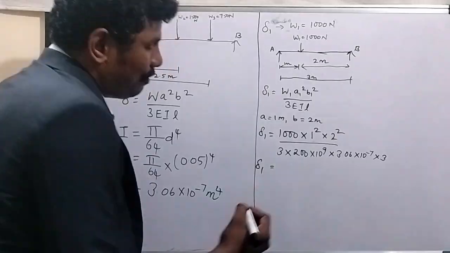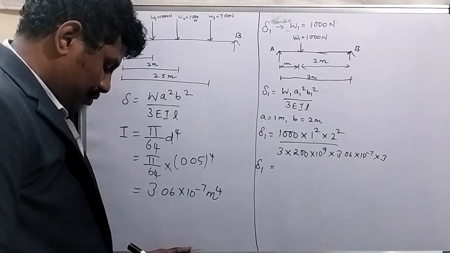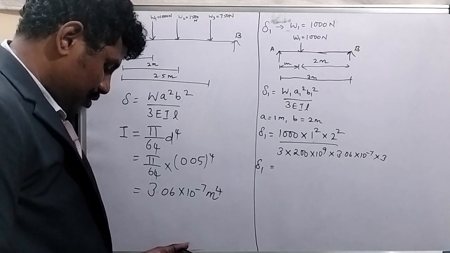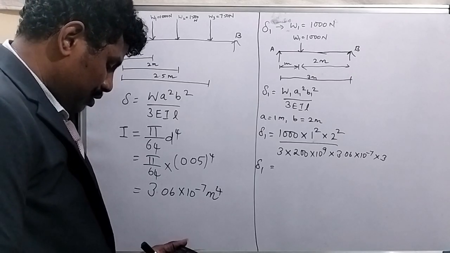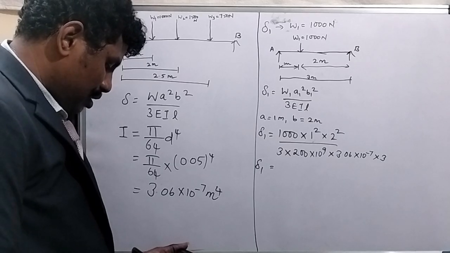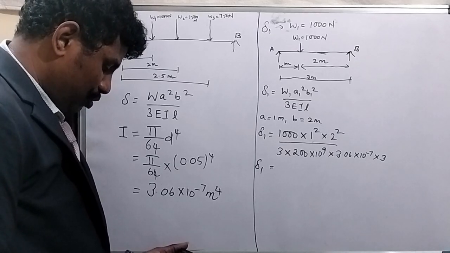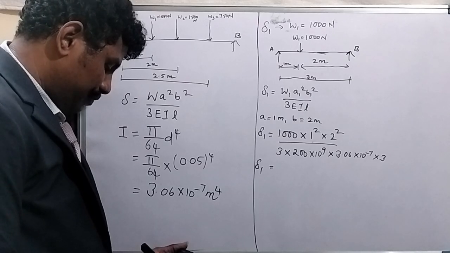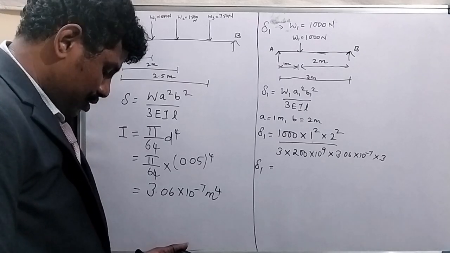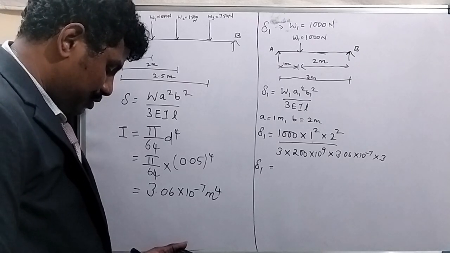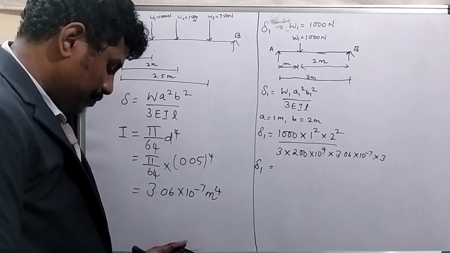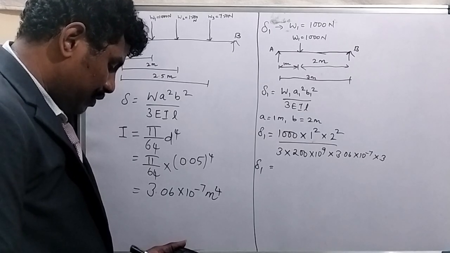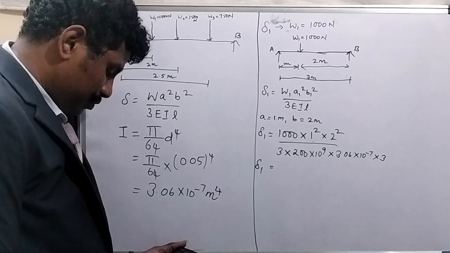So 1000 into 1 square into 2 square divided by 3 into 200 into 10 power 9 into 3.06 into 10 power minus 7 into 3.